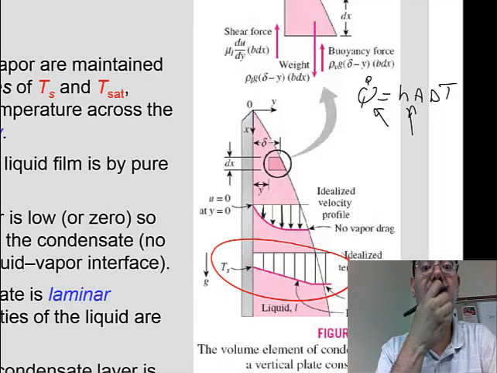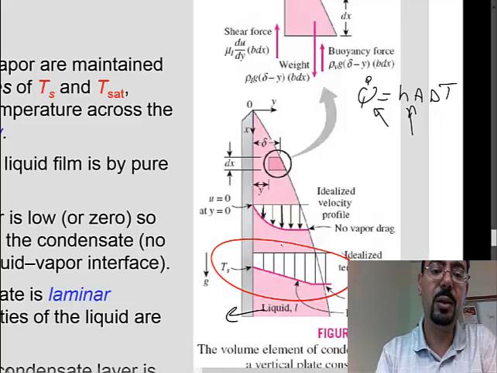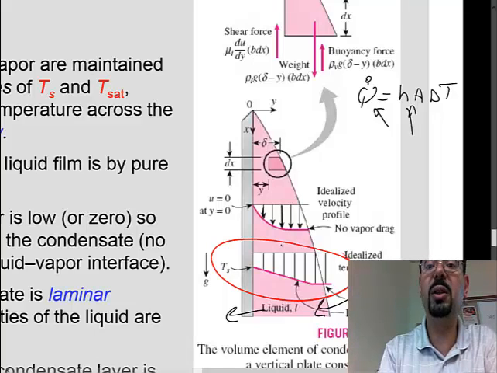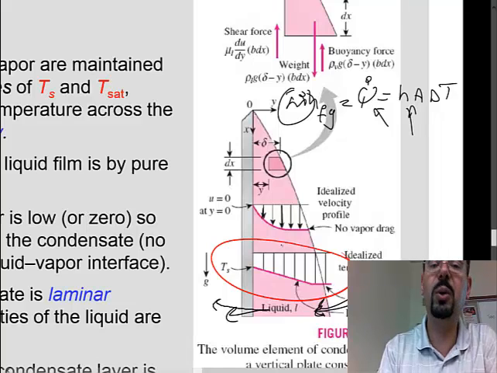We can calculate also Q conduction, because eventually, and Brandon is right, this Q is m dot HFG. That's true, but that Q that's given here also eventually has to go to the wall.